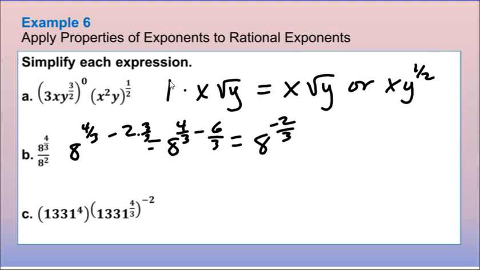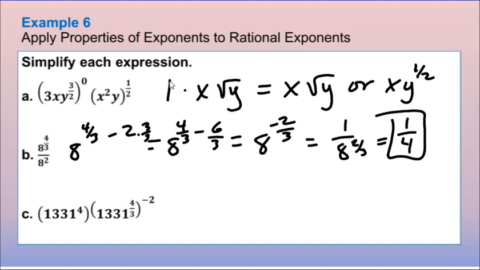So I would have to do the reciprocal of that one, which would make this 1/8 to the 2/3 power, which I can rewrite. The cube root of 8 is 2. 2 squared is 4. So this is really 1/4. And 1/4 would be my simplified answer.